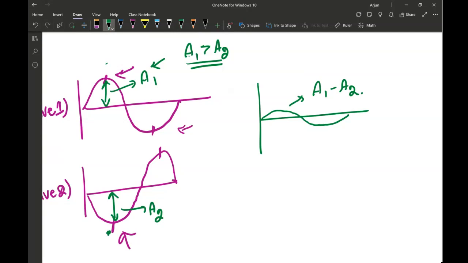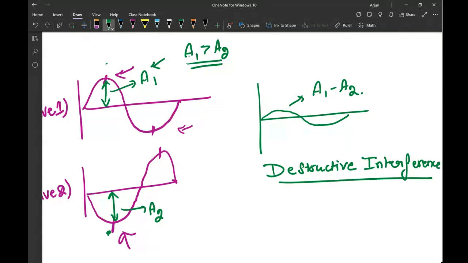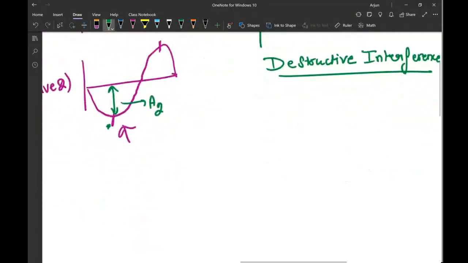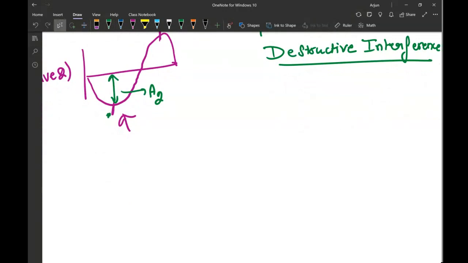And this is called destructive interference. Now, we'll talk about the other property of the wave, that's called constructive interference.